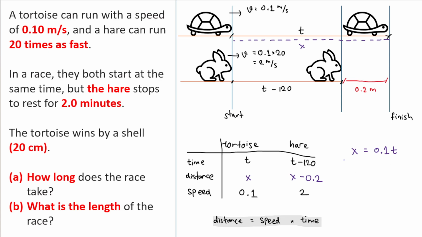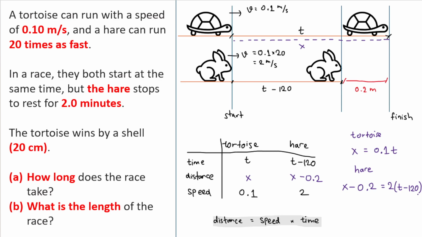And for the hare, we have distance x minus 0.2, and that will equal the speed, which is 2, multiplied by t minus 120.